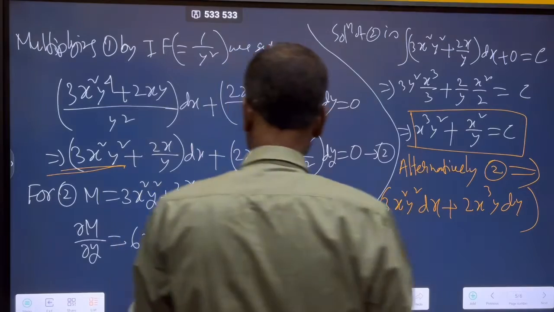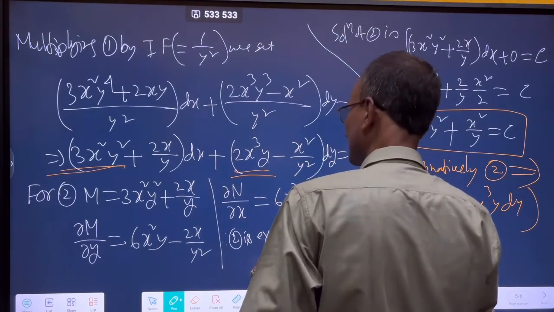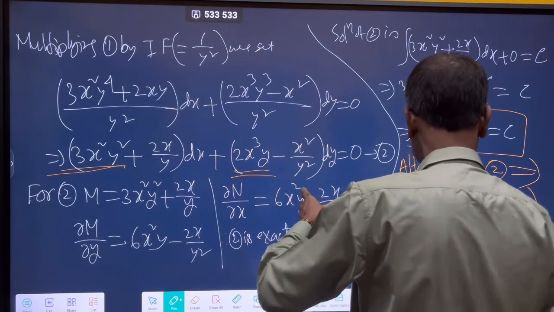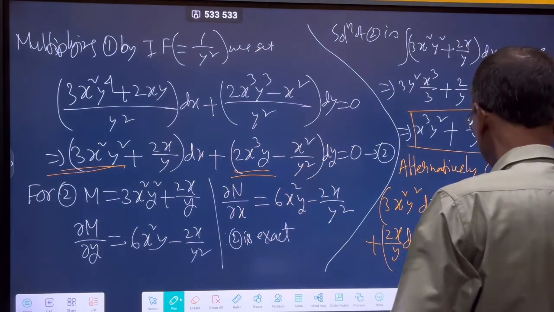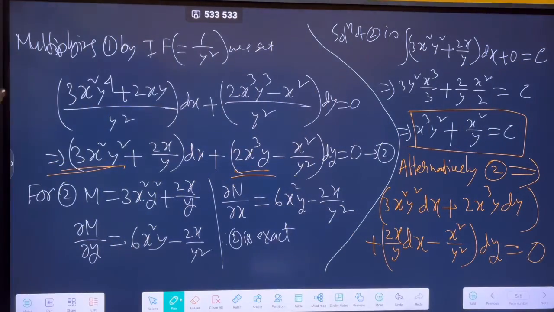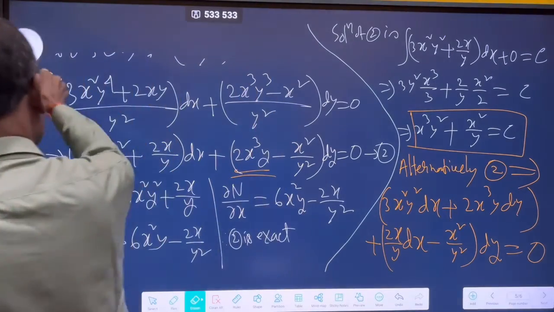Next, write plus twice x by y dx minus x square by y square dy equal to 0.